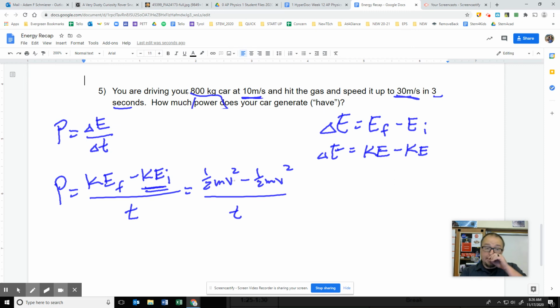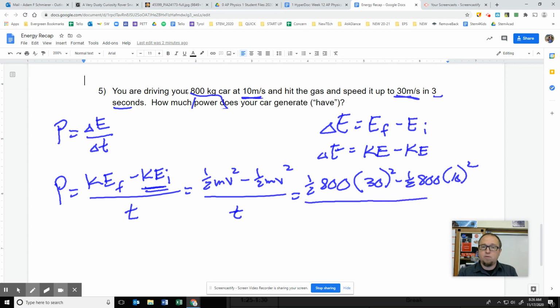It's very important: I can't cancel out m's now because it's not in everything. It's not in the bottom. If it was in the bottom, I could cancel them out, but it's not. So 1/2 times 800 times final speed squared minus 1/2 times 800 times initial speed squared, all over time.